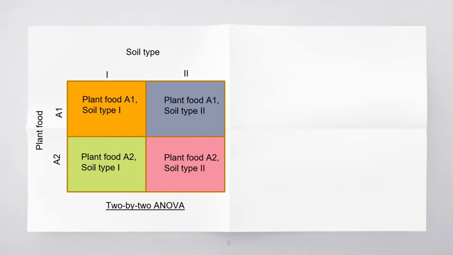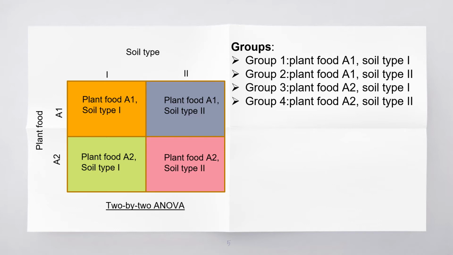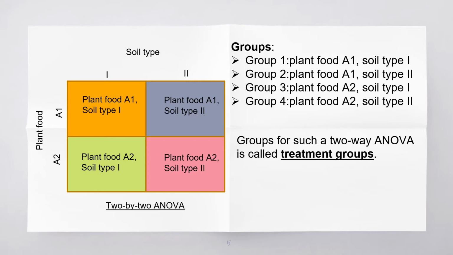Assume that the plant food type is designated by the letters A1 and A2 and the soil type by the Roman numerals 1 and 2. So, the four groups are Group 1, plant food A1, soil type 1; Group 2, plant food A1, soil type 2; Group 3, plant food A2, soil type 1; and lastly, Group 4, plant food A2, soil type 2.